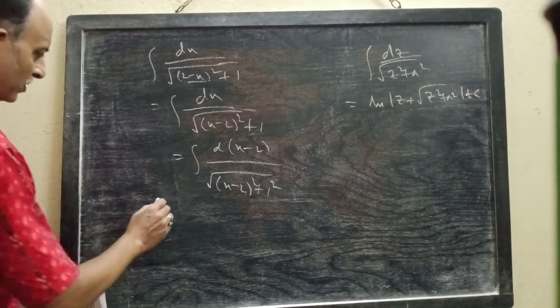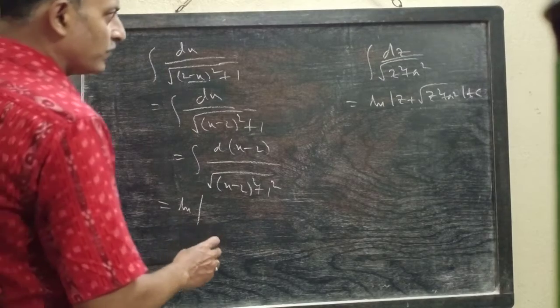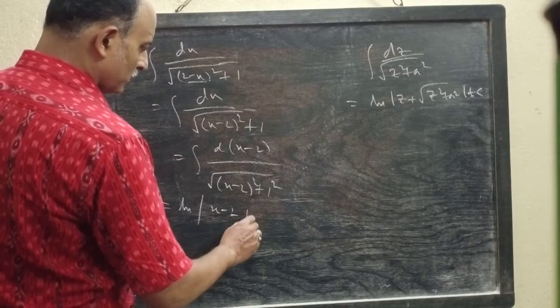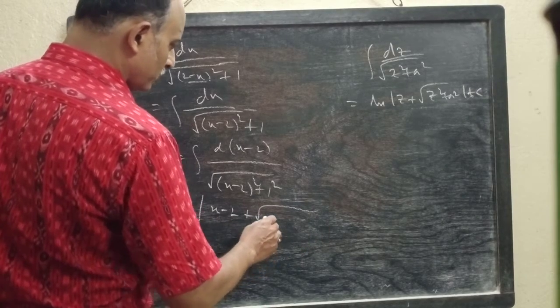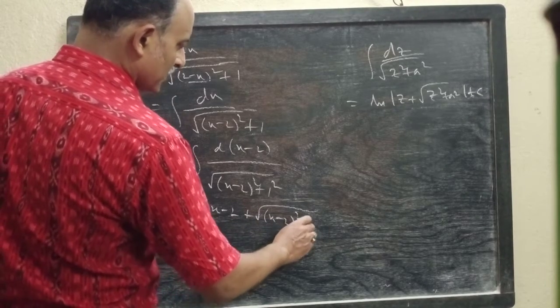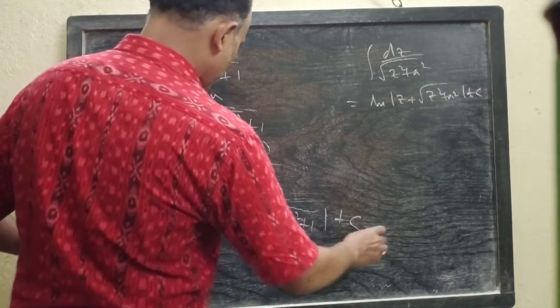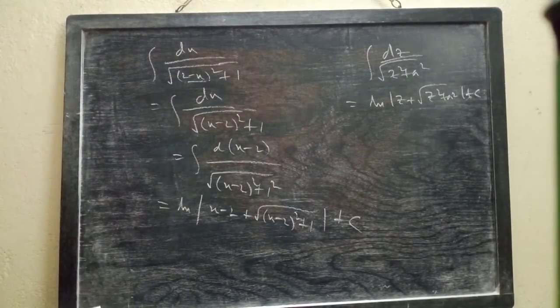So here your answer will be ln of mod of x minus 2 plus under root x minus 2 whole square plus 1 plus c. Okay.